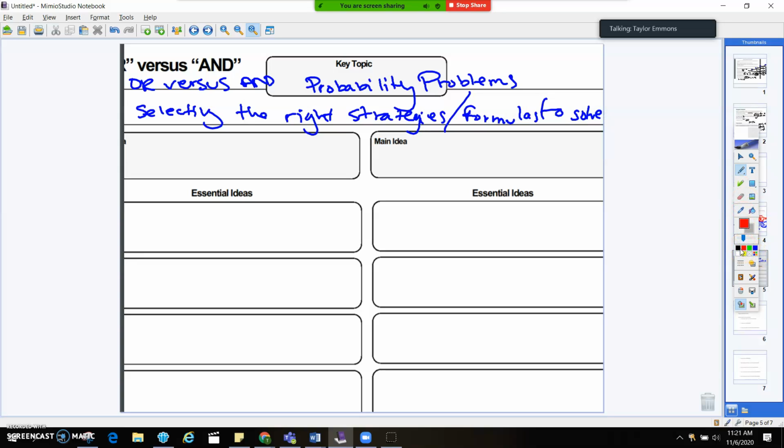Because if you use the or, so you add instead of multiplying, that's going to give you a really different probability, right? So we've got or problems, and then we've got and problems. And there's a couple of different details that you want to include in deciding whether it's an or or an and problem.